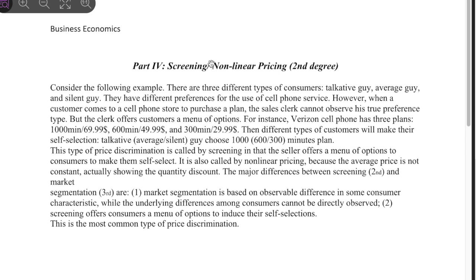So they're trying to make, right, not bundling, they're not giving the discount, but they're giving you different options, right? From the cheaper one to the expensive one. According to your preference, you can choose, right? So the second degree screening is the most commonly used price discrimination in the market.